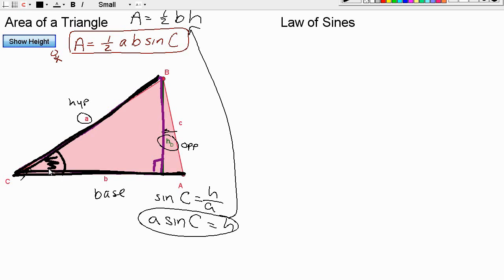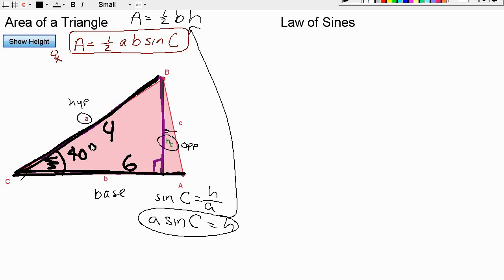So in this problem, let's make this length 4, and if I call this length 6, it's just random numbers right now, I would need an angle in this particular problem. So I'm just going to say that this angle may be 40 degrees.